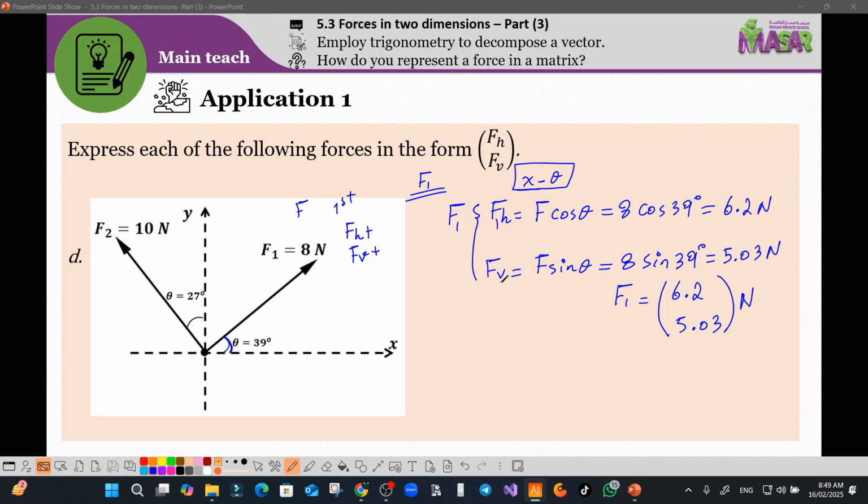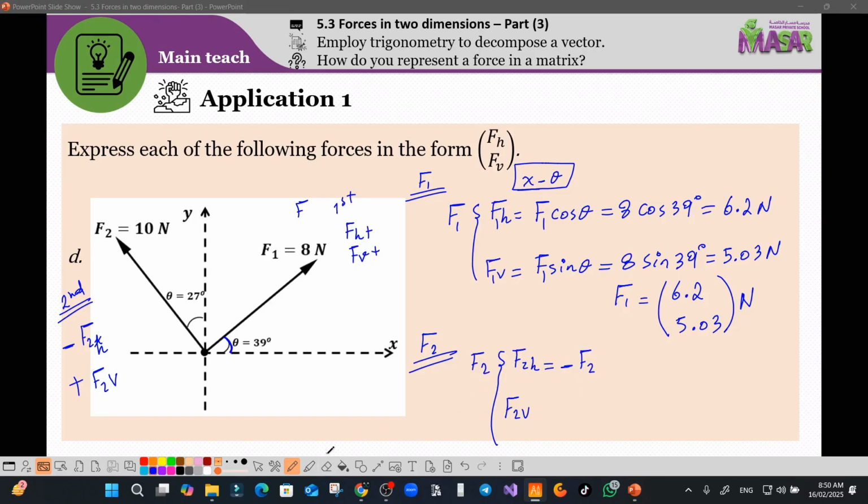Now this was F1. Now for F2, we have F2h and F2v. Now as we can see here, F2 is in the second quadrant, which means F2x or the horizontal component is negative, F2y or v is positive. Now F2h is negative.